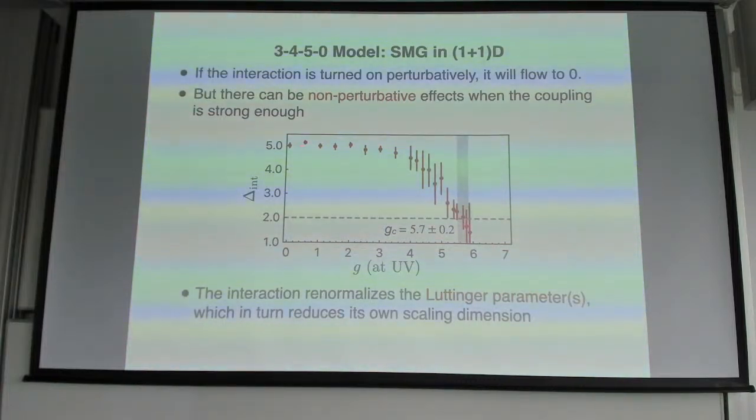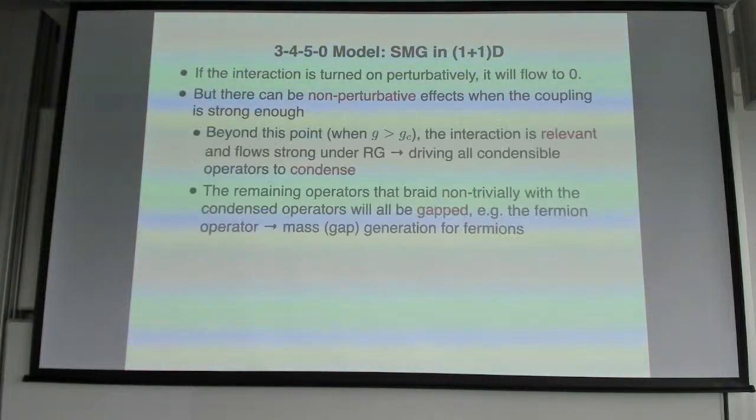These dots are measured from our DMRG calculation. When this scaling dimension drops to 2, which makes this six-fermion interaction operator marginal, that's where the transition happens. It turns out to be a KT transition, because that's basically the KT physics.